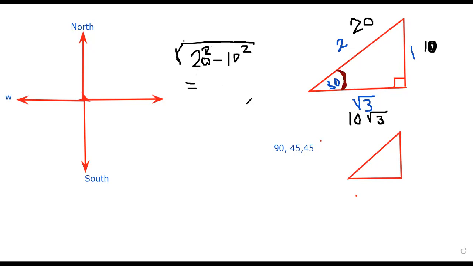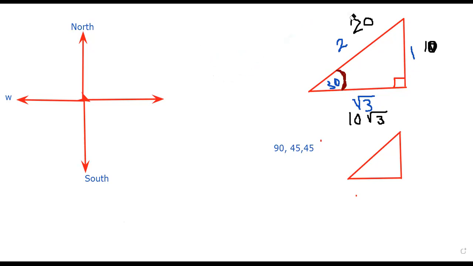It will be how many? 10 root 3. 10 root 3, right? So instead of working the steps, we can find the answer directly by using the main relation between the three sides in 30-60 triangle.